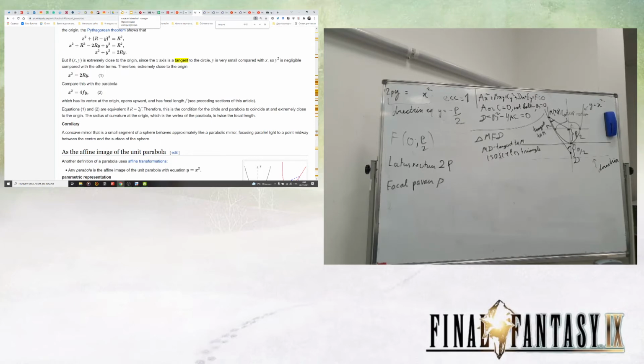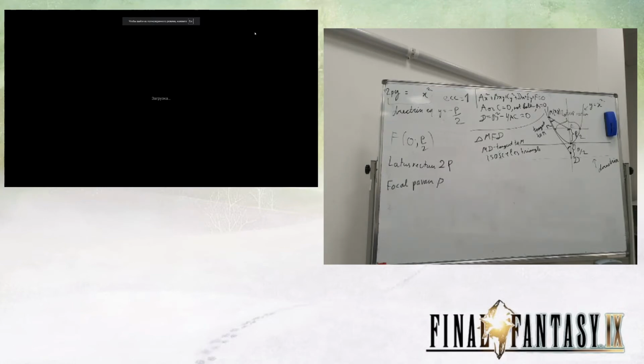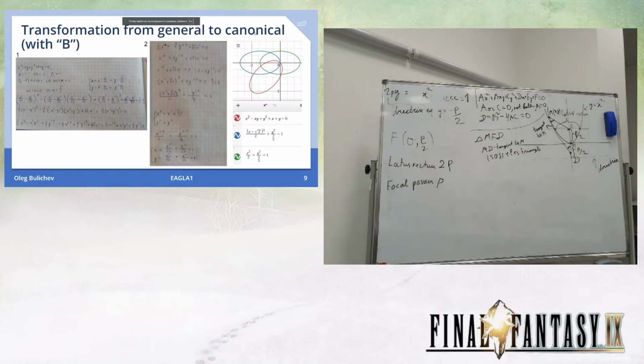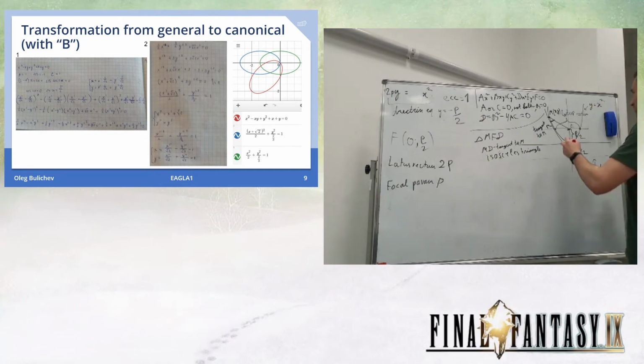It's r over d, where r is the line from the focus to the point M, and d is the length to the directrix. It's the definition for every eccentricity, r over d. So this is r, this is d.